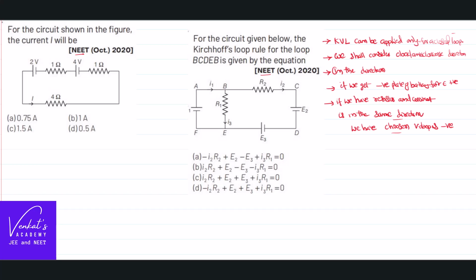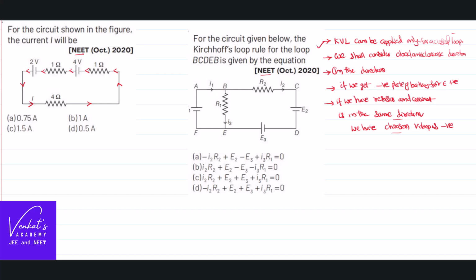Look at this problem. Say for example, he has given current is passing like this. He means to say that current will further pass like this and come back. So, first thing that we need to make sure is we have to check whether this is a closed loop or not. So, this is a closed loop. First condition is satisfied.